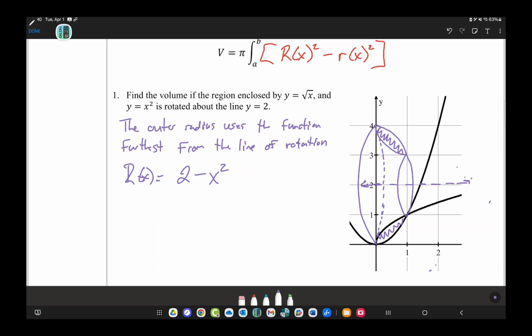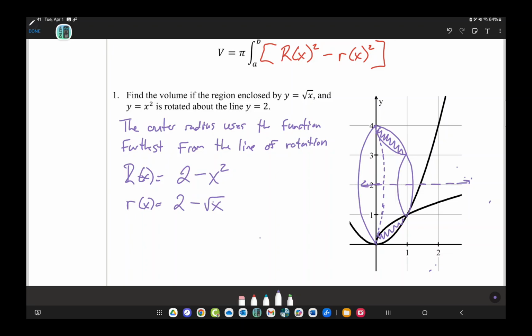But anyway, if you want to keep it as simple as possible, since my line of rotation is above my function, my larger radius will be my line of rotation minus the function furthest from it. The smaller radius will be the line of rotation minus square root of x.